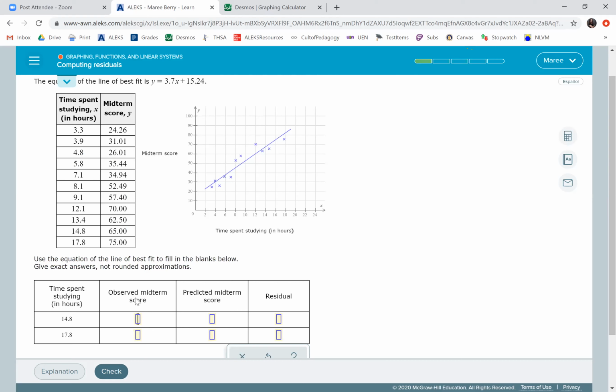So if you remember the first column, observed, is just what we saw here in our table. So for 14.8, we're going to come over and type in 65. And for 17.8, 75.